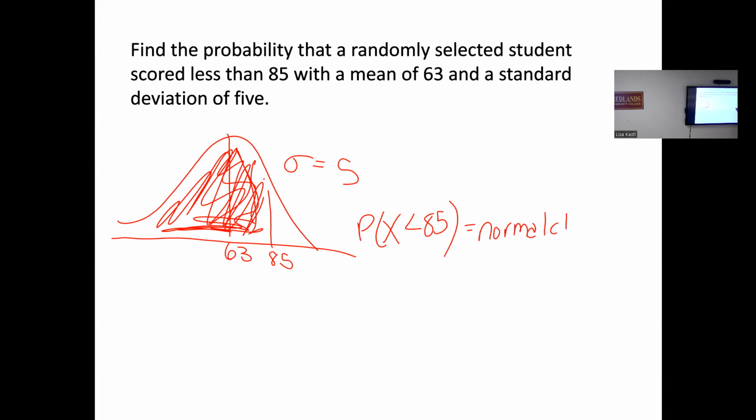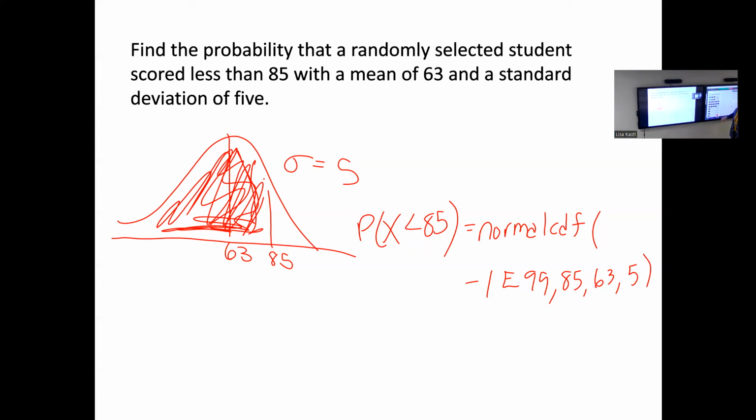Lower limit would be a really small number. Upper limit is 85. Mean is 63. Standard deviation is 5. So normal CDF. Lower limit is -1 times 10 to the 99. Upper limit is going to be 85. So we just need to change that one number, and the rest are good to go.